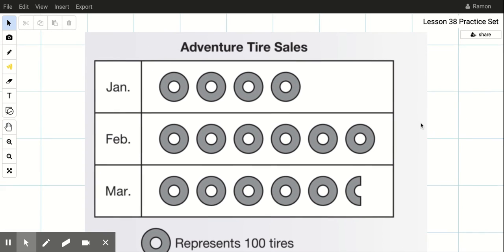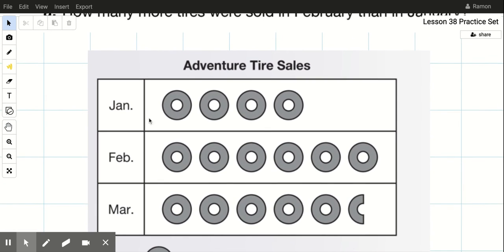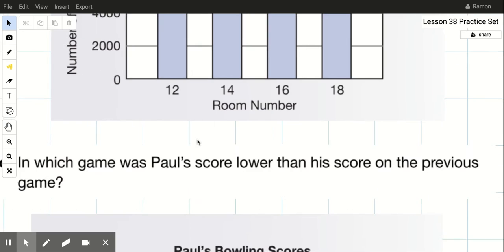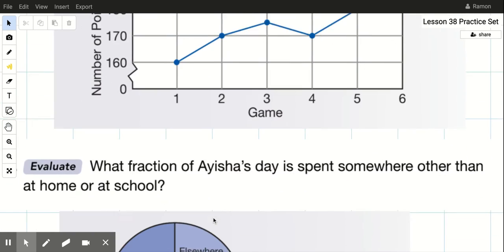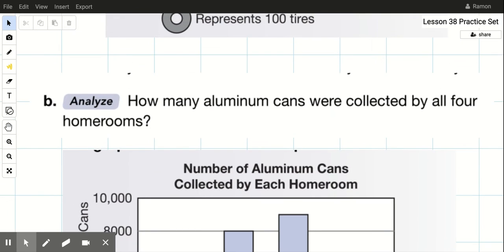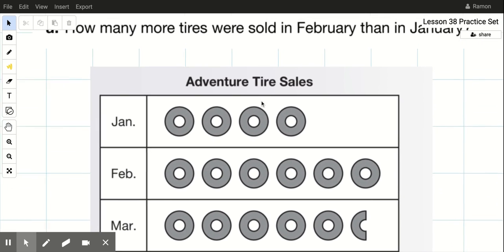So when we're looking at a graph, the representation of the data can vary depending on the graph. We have bar graphs, pie graphs, pictographs, line graphs. Some of them are better for some things than others.